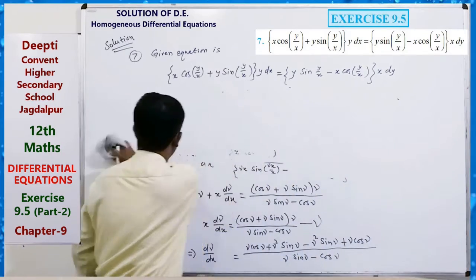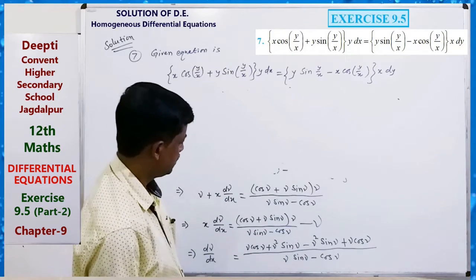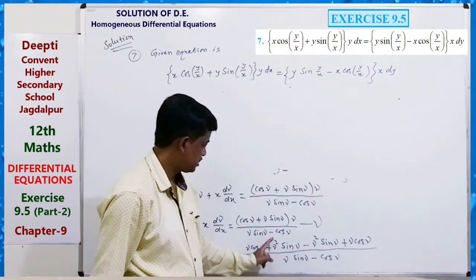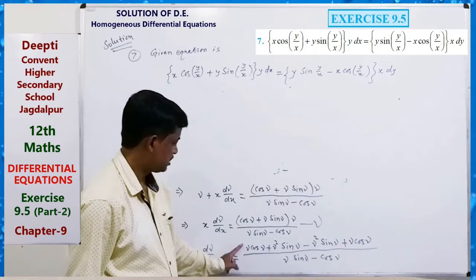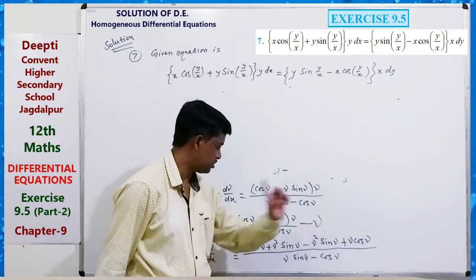After this line we can write on the right hand side v cos v, plus v cos v, and v square sin v cancels out, giving 2v cos v.